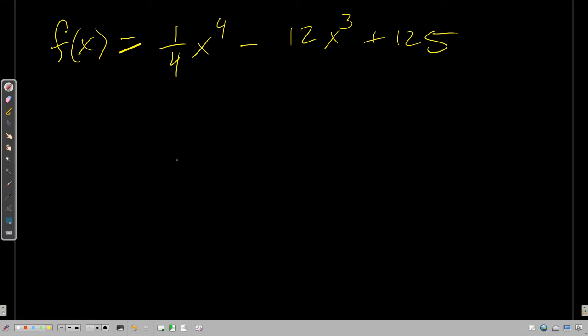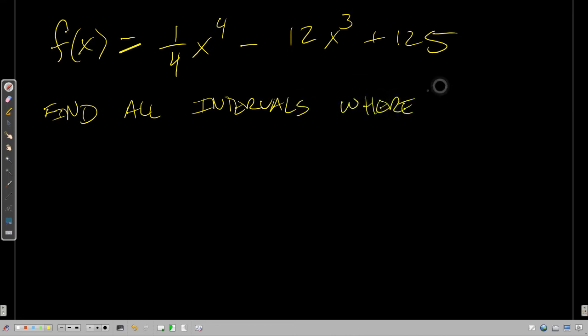So if this is my function f, I want to find all the intervals where this function is increasing. Well, that would mean I would need to find my derivative function, because it's going to tell me all about the slopes of the tangent lines.